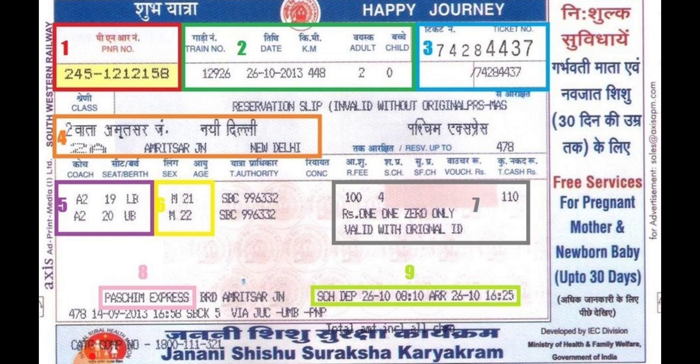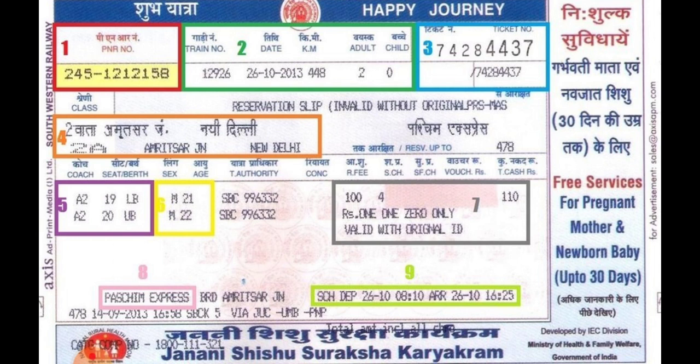The compartment is A2 with seat number and berth also. The seat number is 19 for one person, 20 for another person, and the berth is LB, which means lower berth, and UB means upper berth.